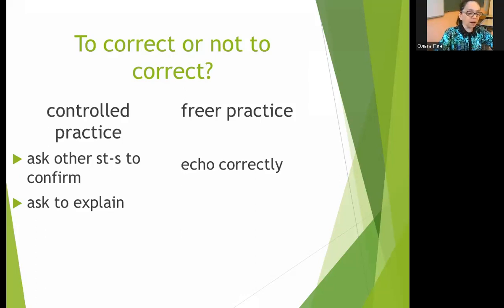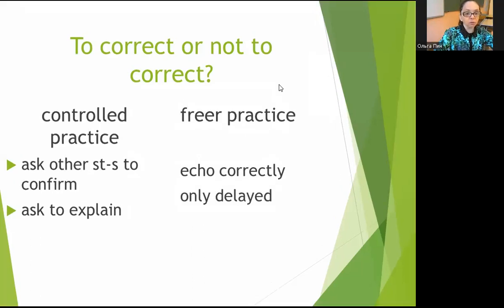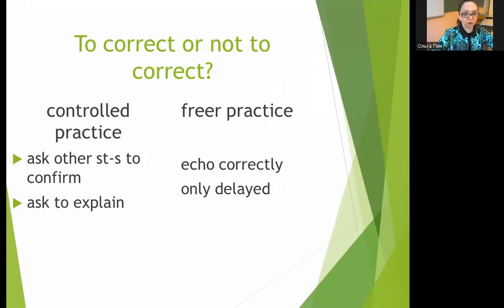In all the other cases, please hold your tongue and use delayed error correction only. So note the mistakes while the student is speaking, and afterwards, I usually prefer to ask the students to repeat.